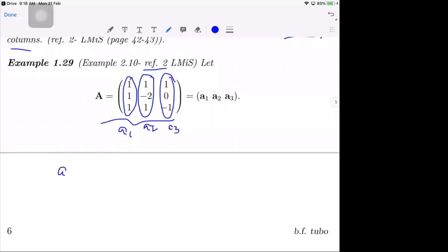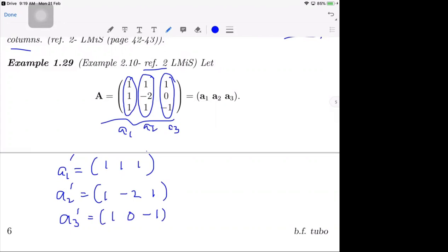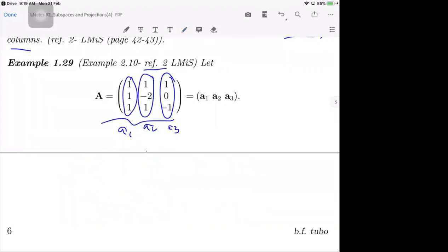So A1 transpose is 1, 1, 1. A2 transpose is 1, negative 2, 1. And A3 transpose is 1, 0, negative 1.